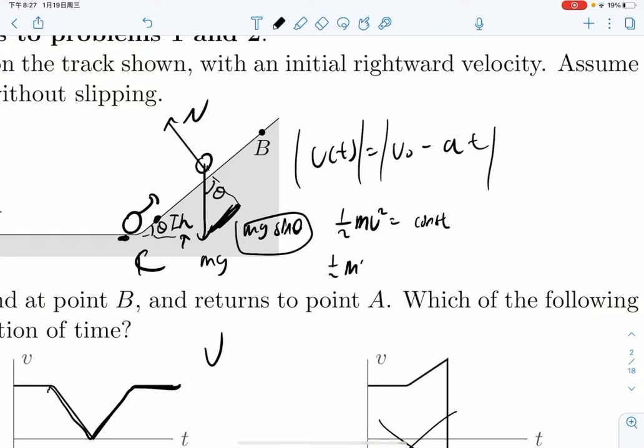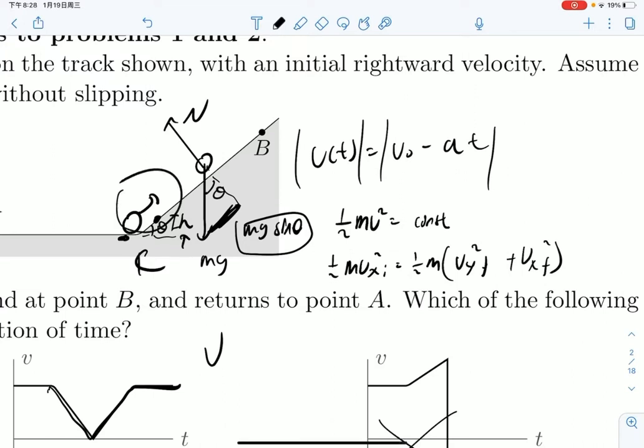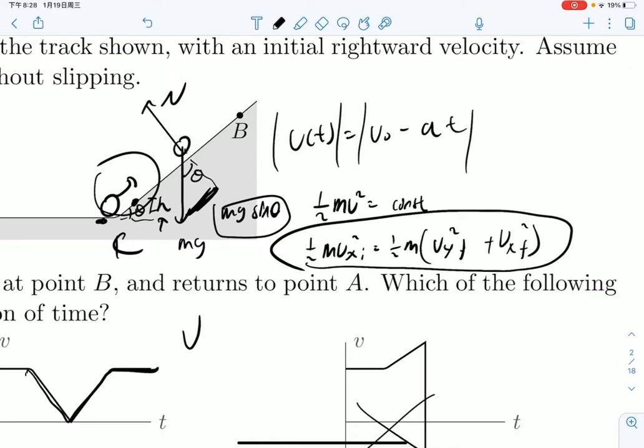So it is equal to 1/2 m vx initial squared, which equals 1/2 m vy final squared plus 1/2 m vx final squared. Because there's a y component over here, and this equation is equal to each other, you can see vx final is smaller than vx initial.